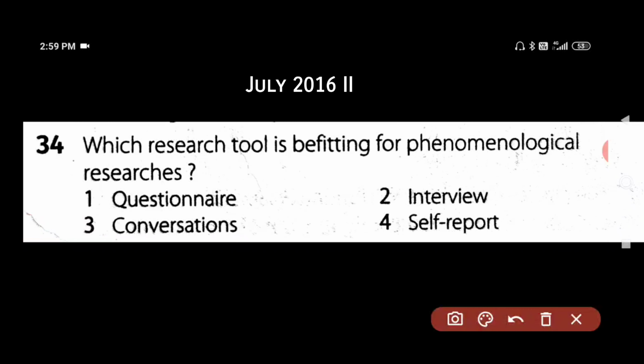So our answer will be self-report. Since phenomenology means the study of lived experience of an individual, the self-report is a report prepared by that participant himself, giving a detailed account of phenomena he experienced, and it can be more reliable than interview.